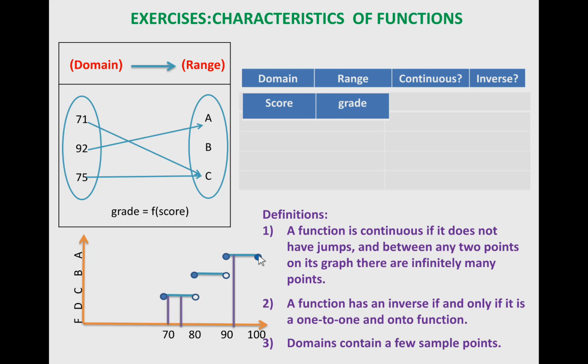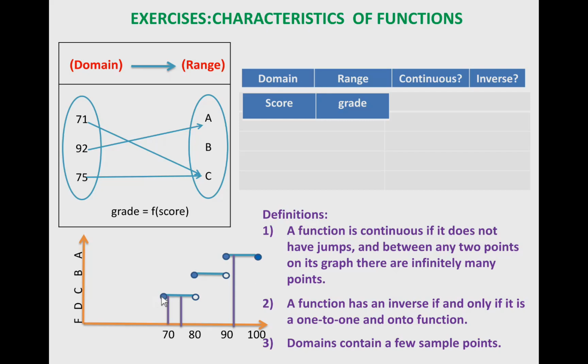So, having stated so, we will go ahead and talk about the function. Now, this is like a step, so it's not really continuous. Why? Because it has jumps, and for a function to be continuous, it should not have any jumps.